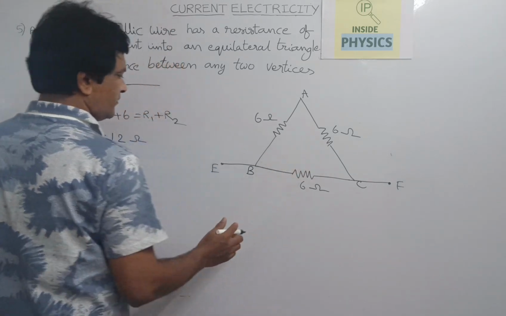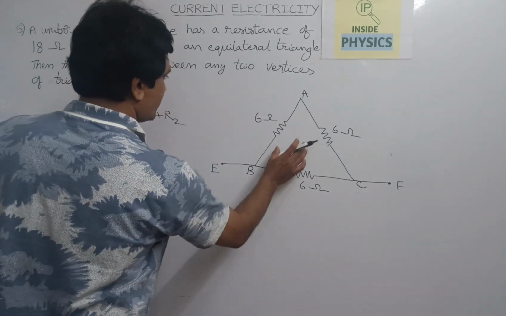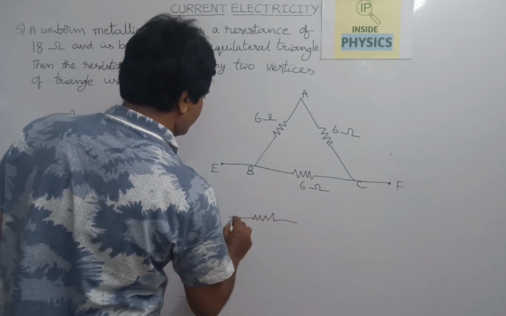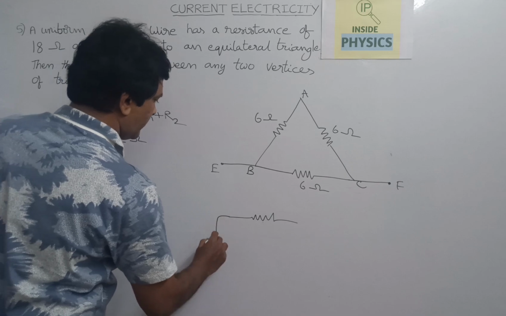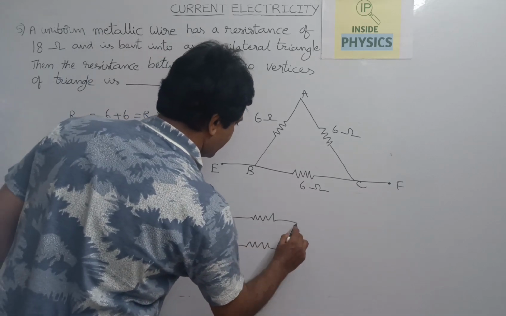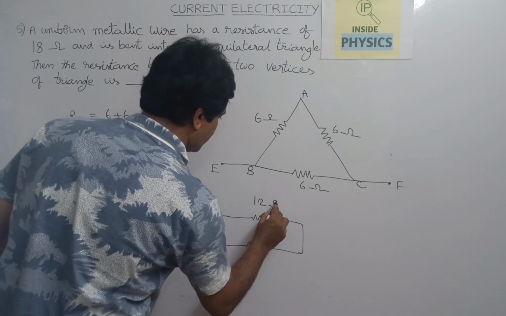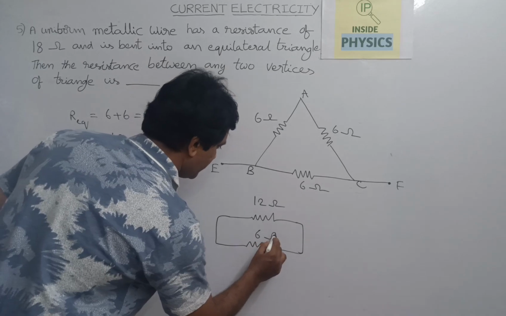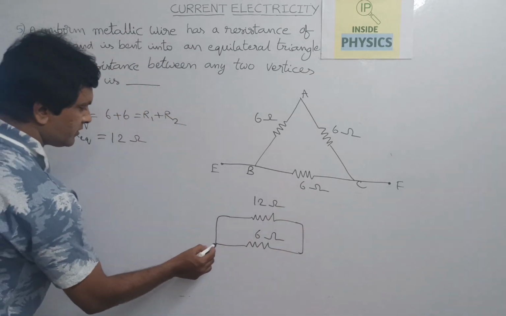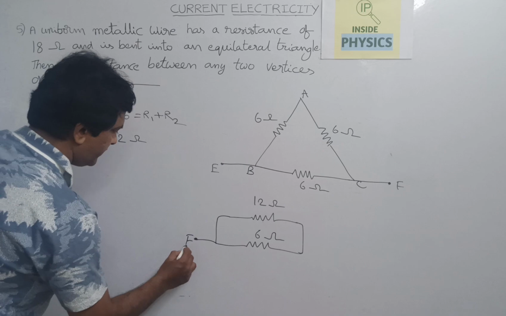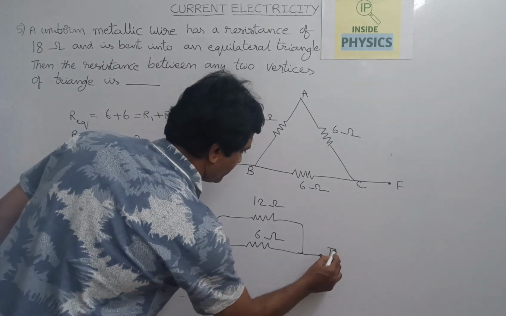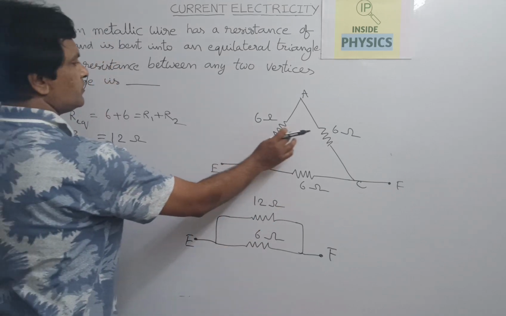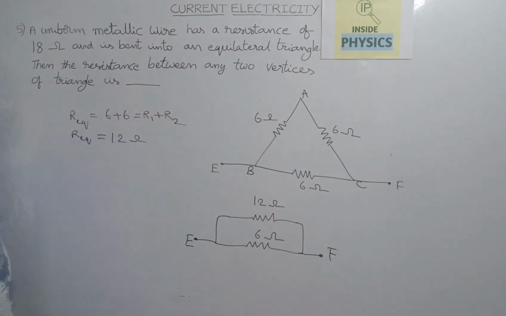So this diagram can be converted to an equivalent resistance of 12 ohms, and it is connected to another resistance of 6 ohms. This 6 plus 6 is 12, converted to a single resistor, and this is a 6 ohm resistor here, and these are the points A, E and F again. So this diagram is converted into this equivalent circuit where the resistors in series are added.